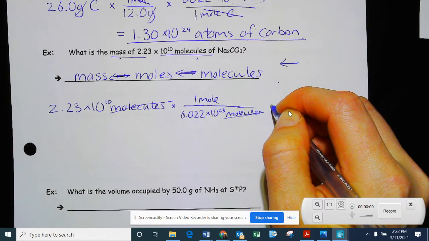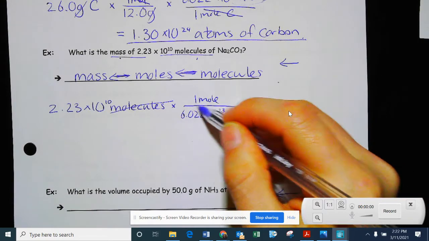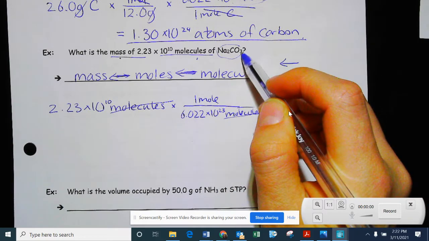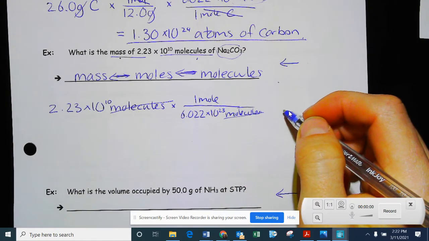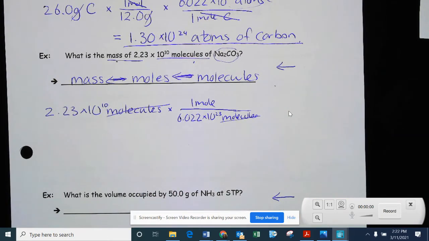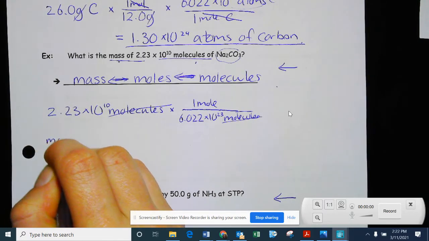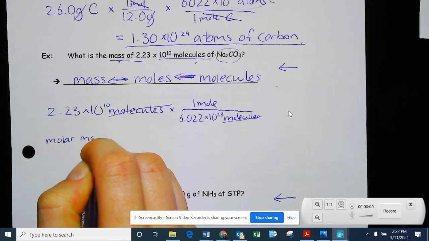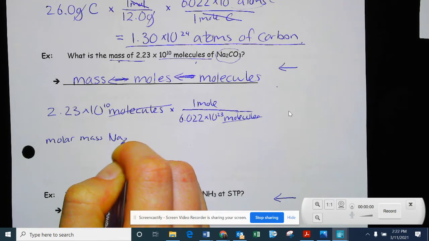Okay, and then I'm trying to go from this to mass. So now I have 1 mole of sodium carbonate, but what mass of sodium carbonate do I have? In order to do that, we are going to need to know the molar mass of sodium carbonate.